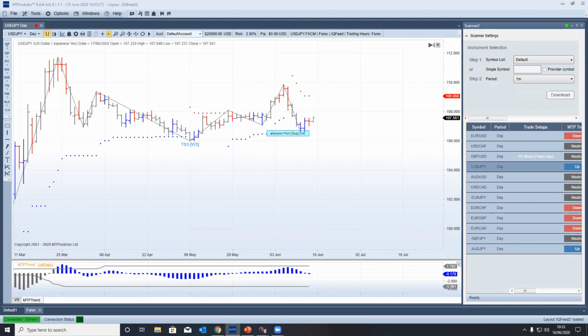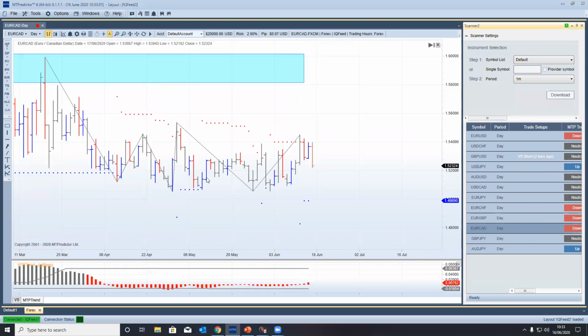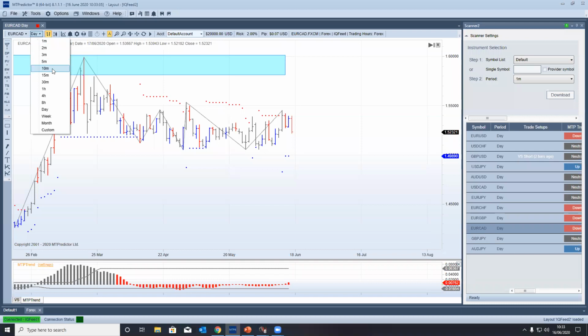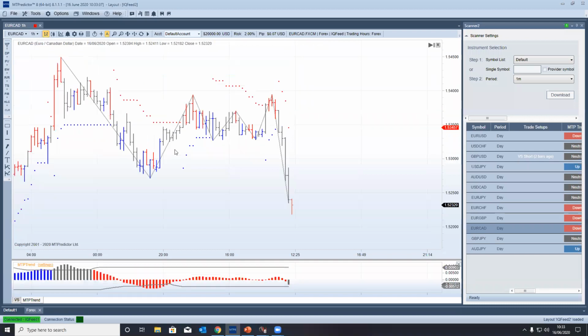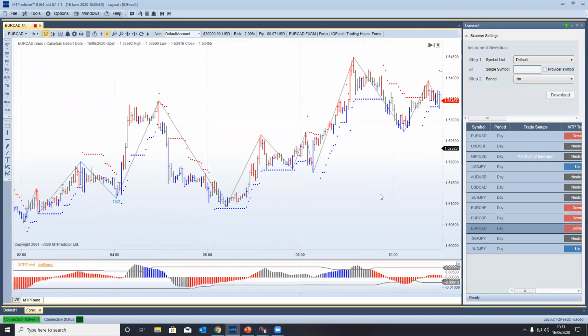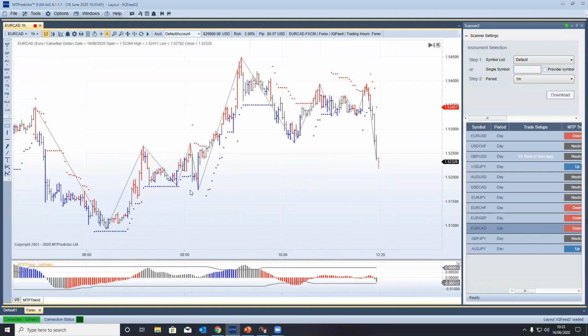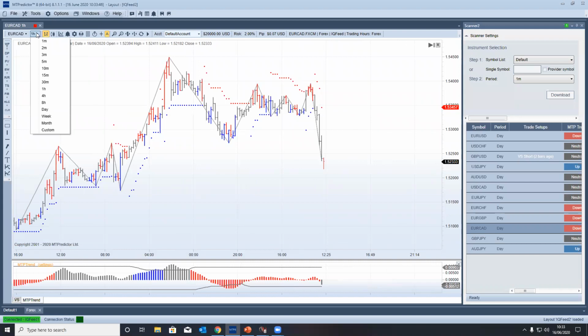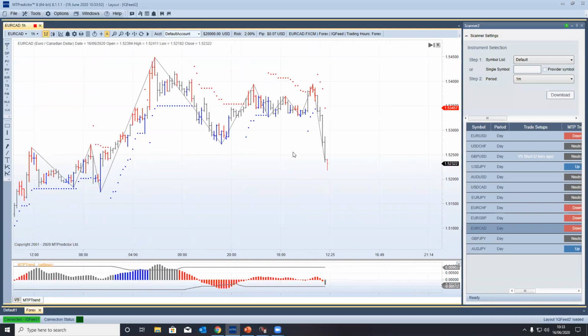Mazir says that I'd like to look at the Euro Canadian dollar. So the Euro Canadian dollar, this one here on a 60-minute chart. So which one are you off on this one then? So I can't quite see what kind of setup.